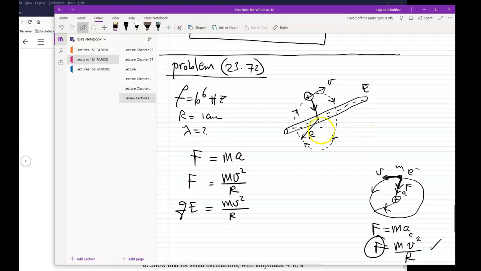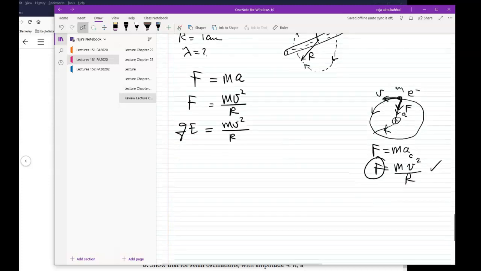What is Q here? Well, that's just the charge of the orbiting particle, right? This is the charge of the orbiting particle. Well, it happens to be a proton, so therefore this is the fundamental charge. So now I can write it this way: eE equals mv squared over r. Okay? You see how I'm developing my ideas slowly, one step at a time. I'm reading my mind for you, or speaking loudly what my mind is thinking.